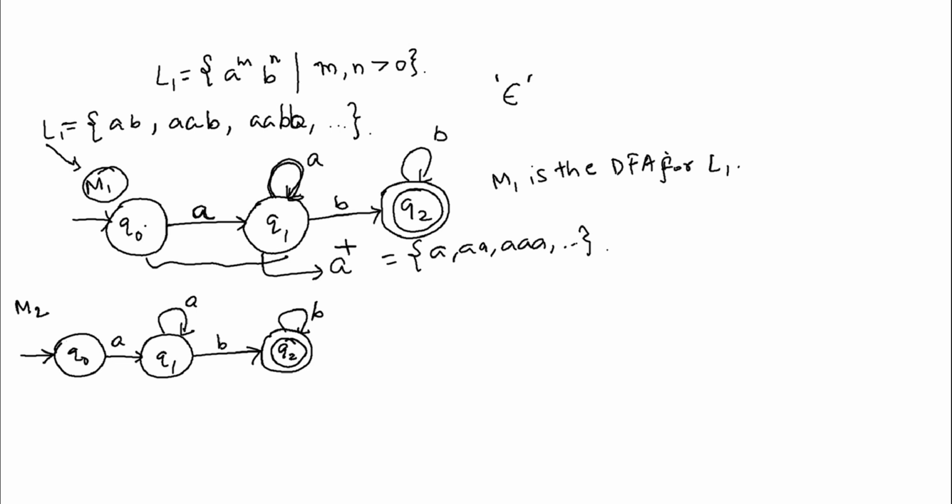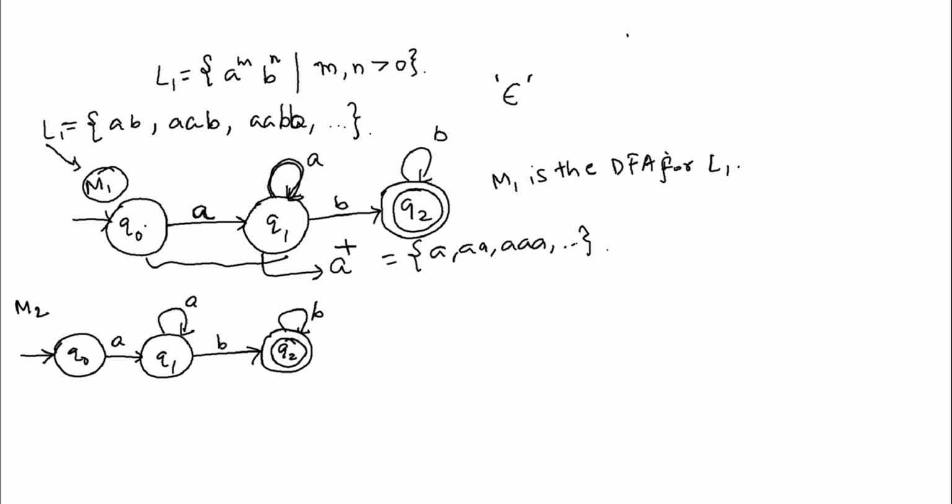You cannot have a dead configuration in a deterministic finite automaton. What I mean by dead configuration is you must have moves for every symbol and state.